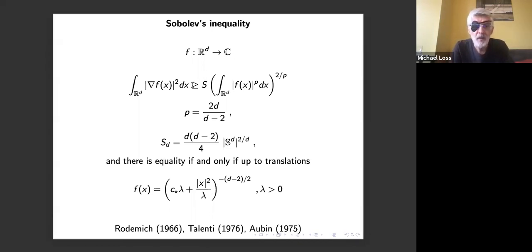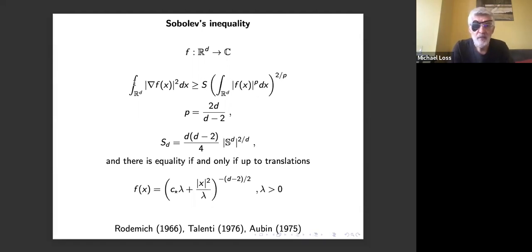And Sobolev's inequality says that the integral of the gradient of f squared is bounded below by a fixed constant S, it's written out here, times the p norm of f squared. And the p is a very specific exponent. It's 2d over d minus 2.